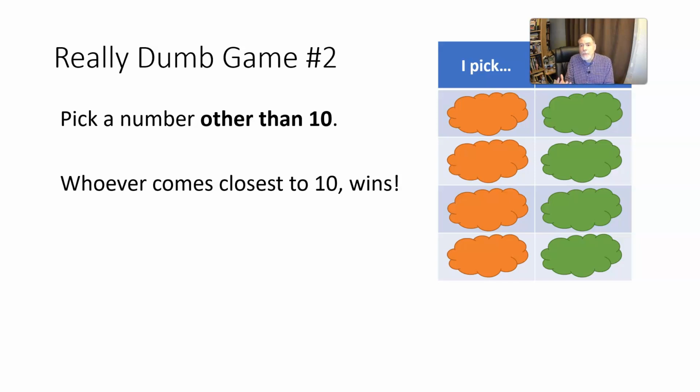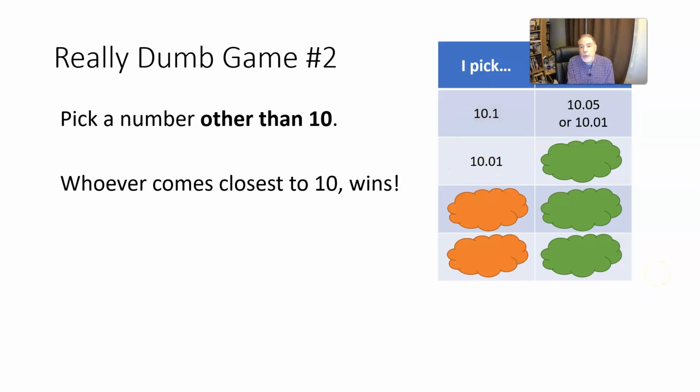Now, if you let me go first, you can always win, because whatever number I pick, you can always pick a number that's closer to 10 than the one I picked. So if I pick 10.1, you can pick something that's between 10 and 10.1, like 10.05 or 10.01. If I pick 10.01, you could pick 10.001. That's closer to 10 than 10.01 is.